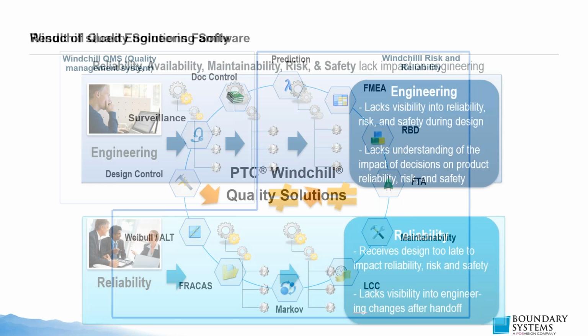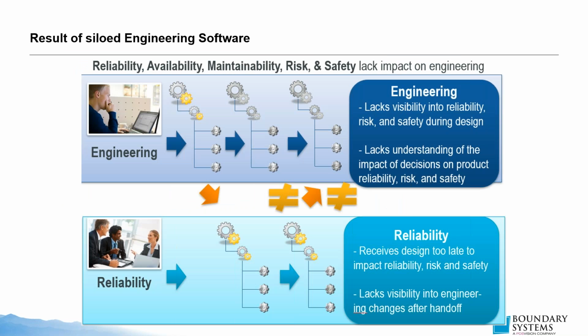Now, stepping back a little bit, taking a 2,000-foot view, right? The current state of product development is usually one of silos, right? Where engineering is doing something, and reliability or quality have no visibility into the engineering, right?